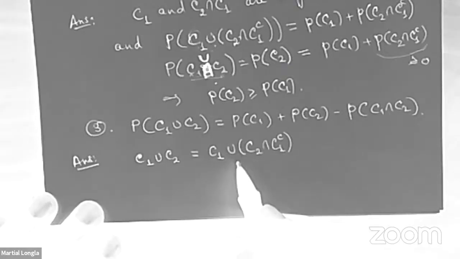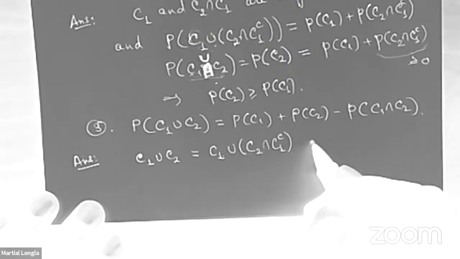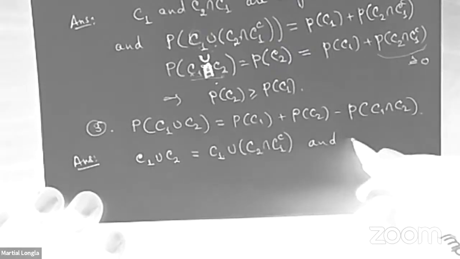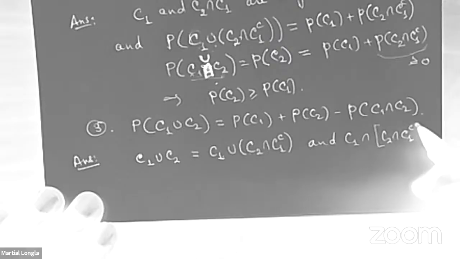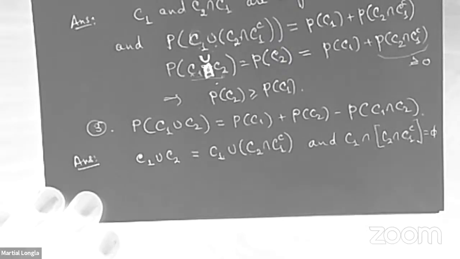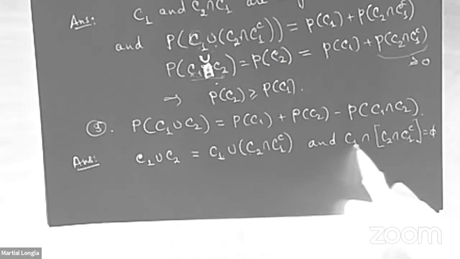So if that's the case, and we do know that the intersection of these two sets is empty. Why is it empty? Because no element of C1 is here, right?